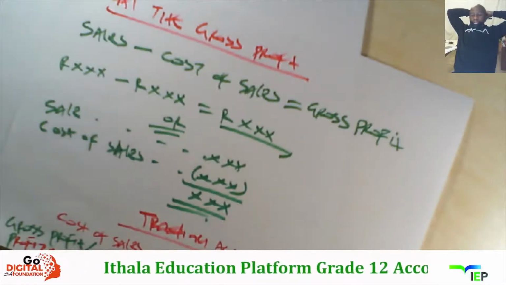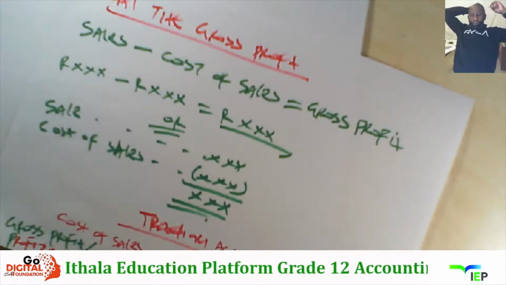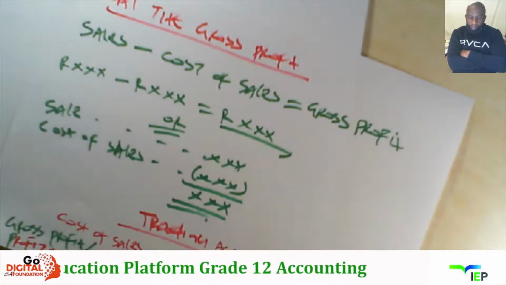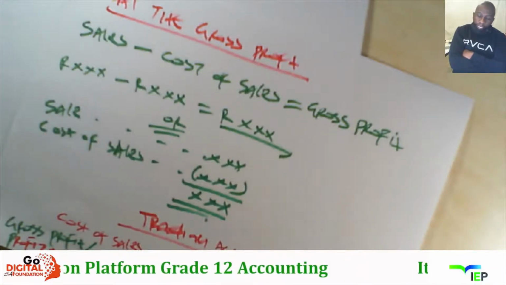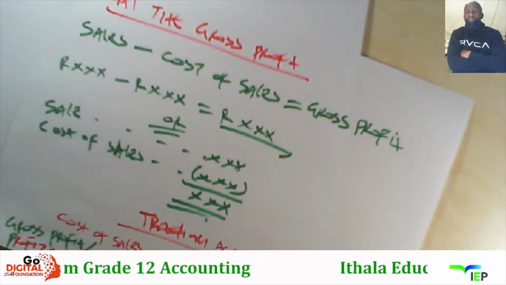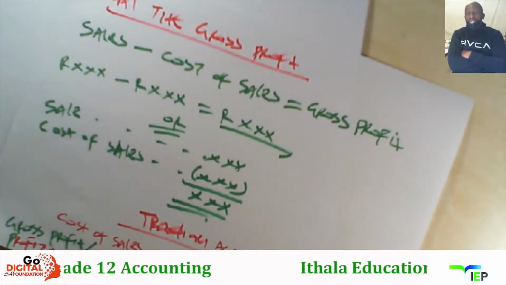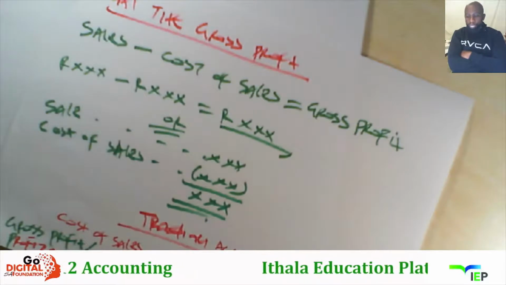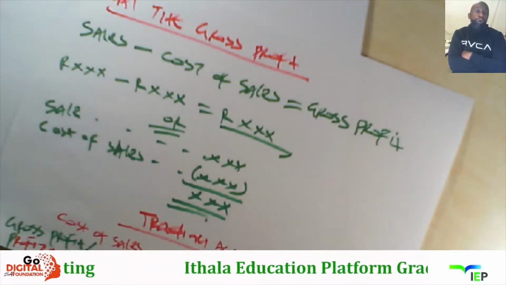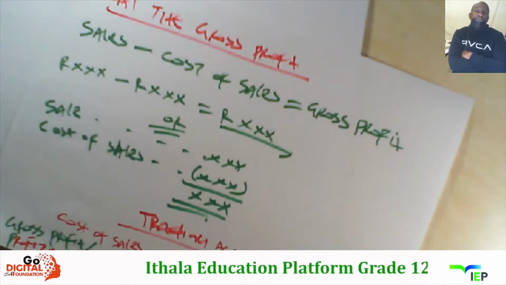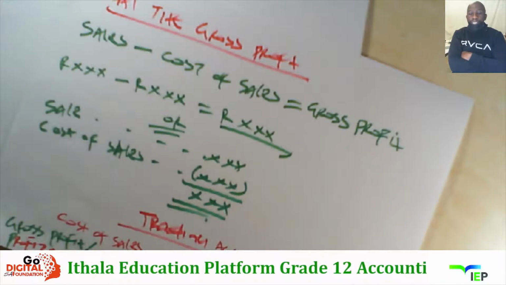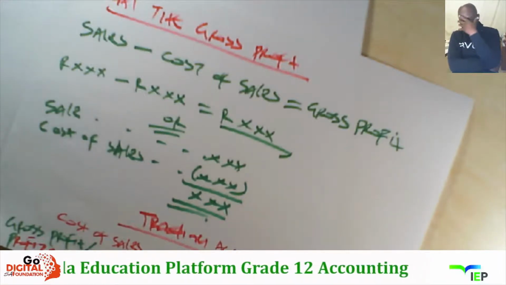On the debit side, you write cost of sales. On the credit side, you write sales. It's obvious the figure of the sales will always be greater than the cost of sales. So your difference will be a gross profit, on your debit side. That's how you calculate the gross profit.